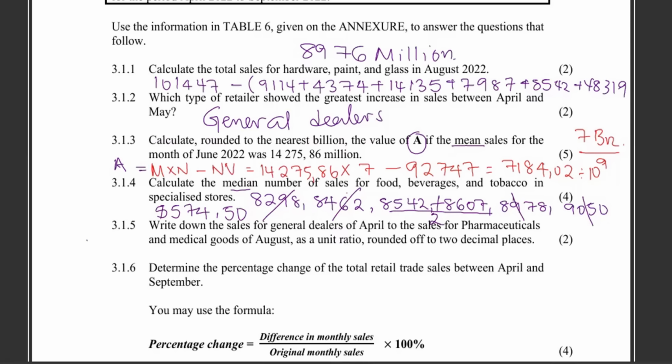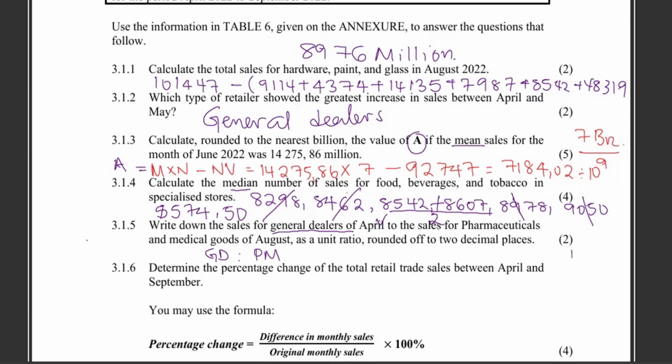So they're saying write down the sales for general dealers for April to the sales of pharmaceuticals and medical goods of August, as a unit ratio.